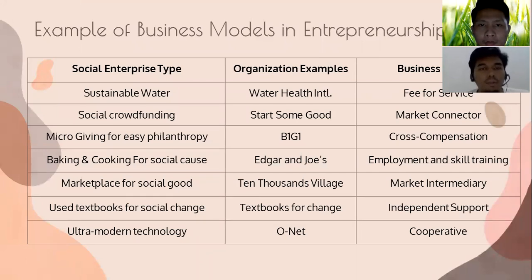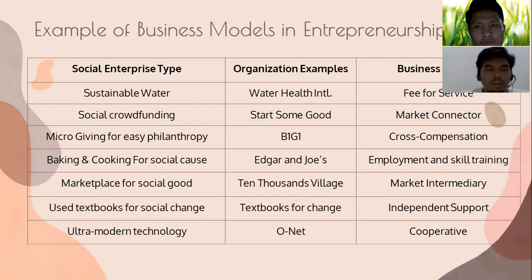This is the example of business models in social entrepreneurship. From the journal, we can identify seven business models: fee for service, market connector, cross compensation, employment and skill training, market intermediary, independent support, and cooperative.